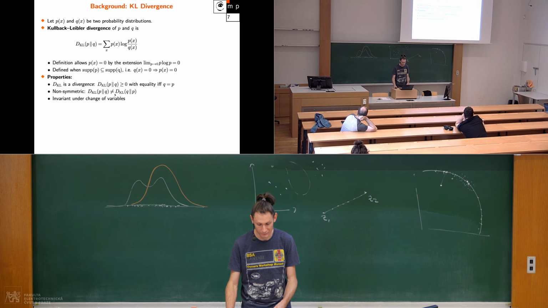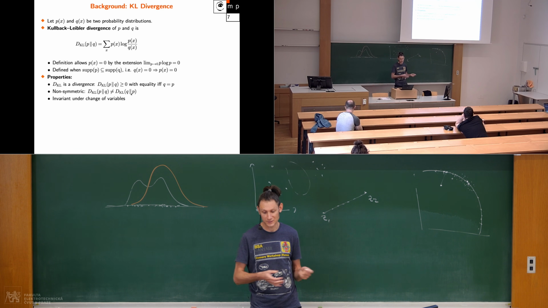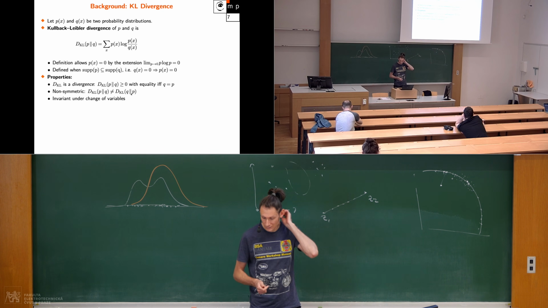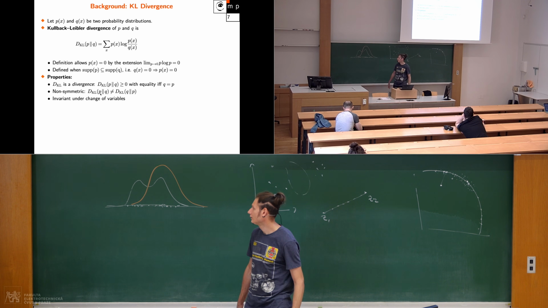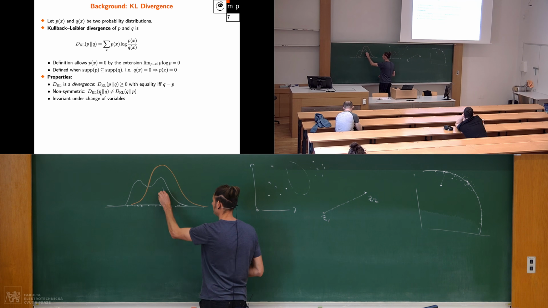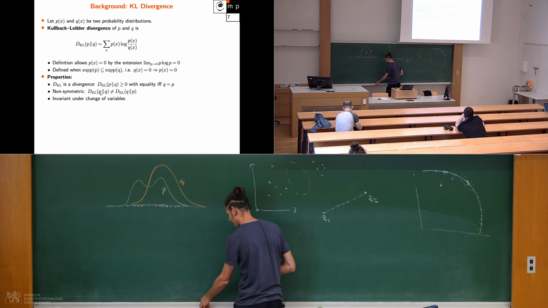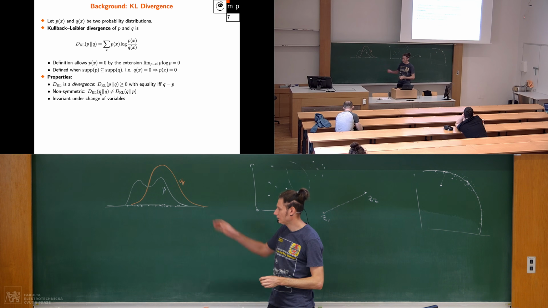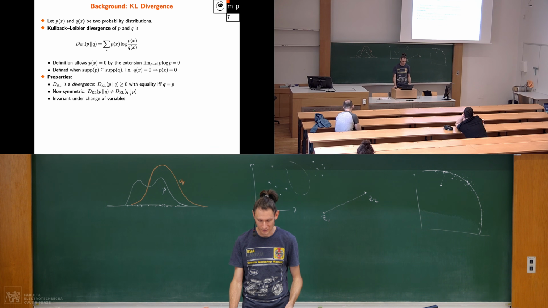One is called forward divergence and the other reverse, depending on the context and the meaning of P and Q. If P is our target distribution and Q is the distribution that we are fitting to the target distribution, then this one will be forward and the other one reverse.